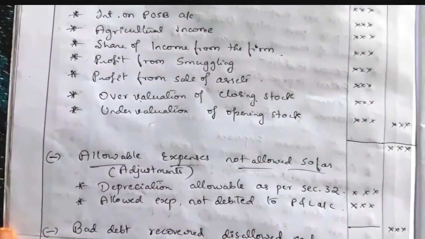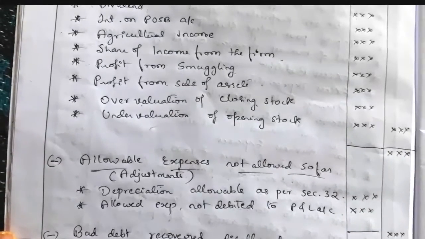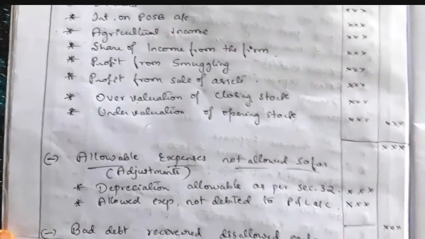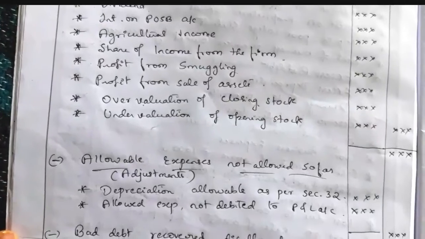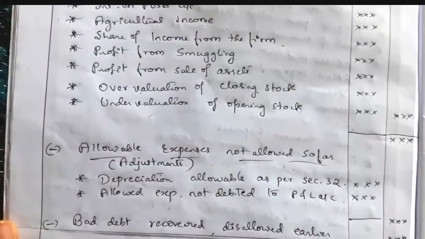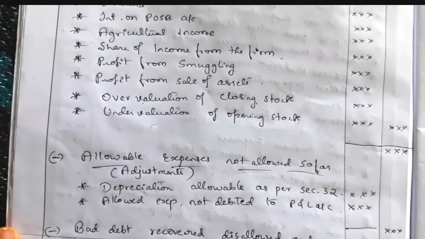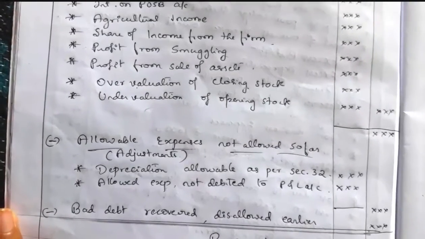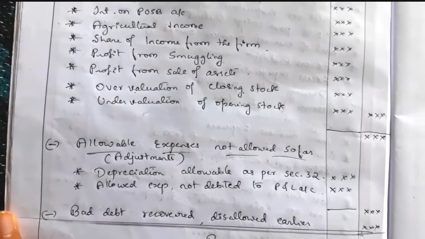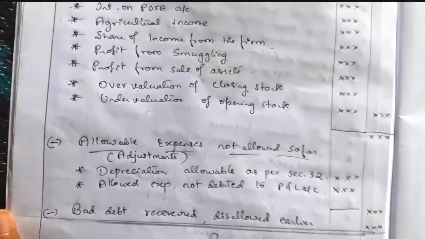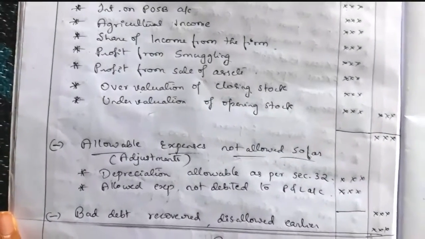Because of that bad debt, they showed less profit and paid less income tax in the previous year. But this year that debt has been recovered.